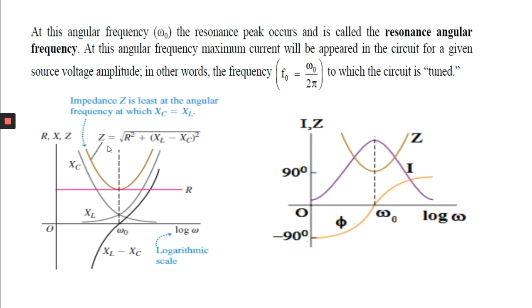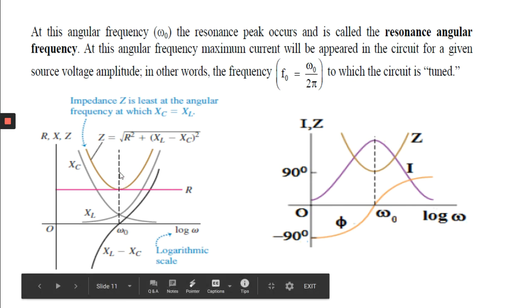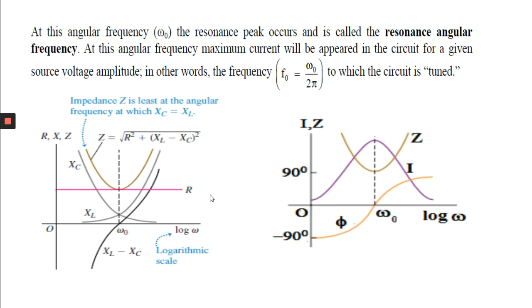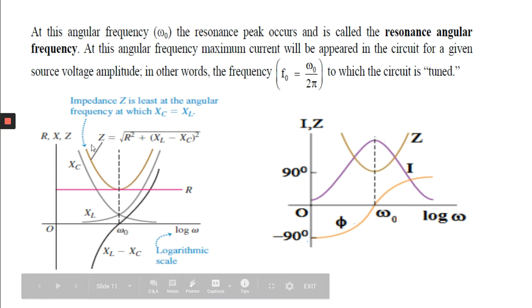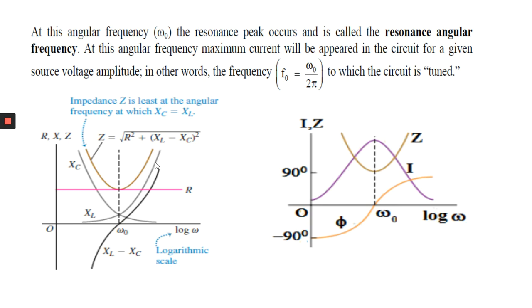Again I am telling, the minimum value of Z is not 0, but the minimum value of Z is equal to R. So at the natural angular frequency your Z is equal to R.